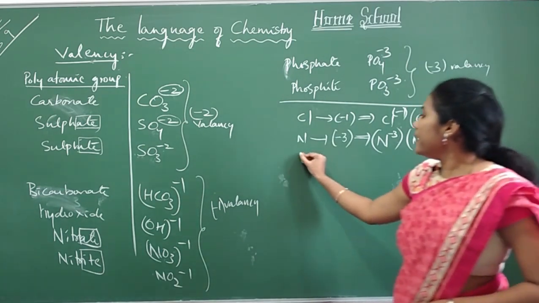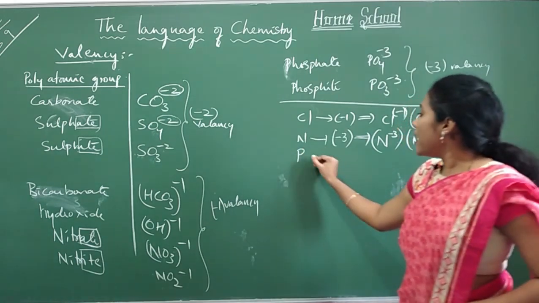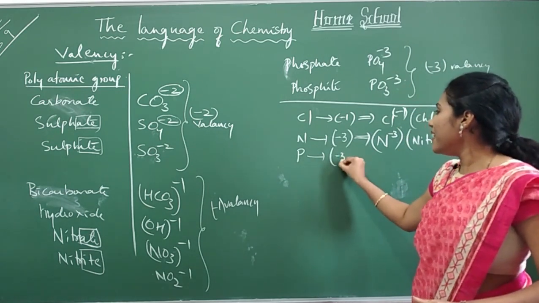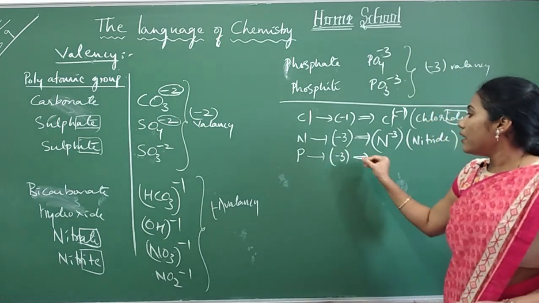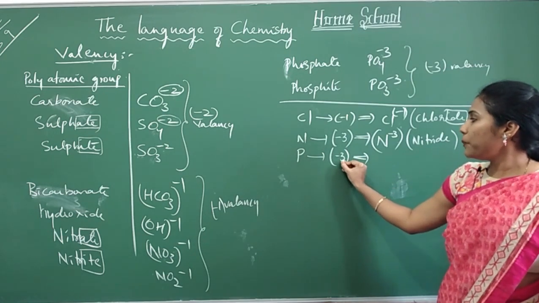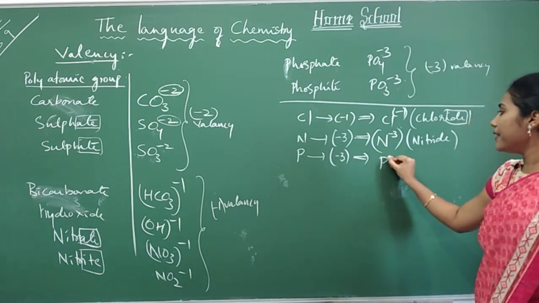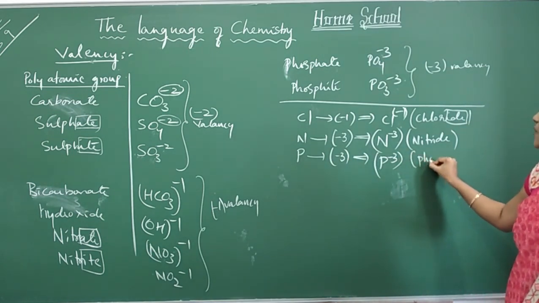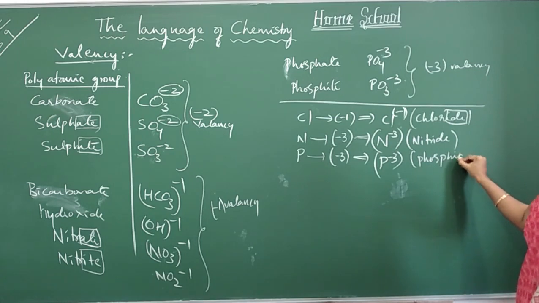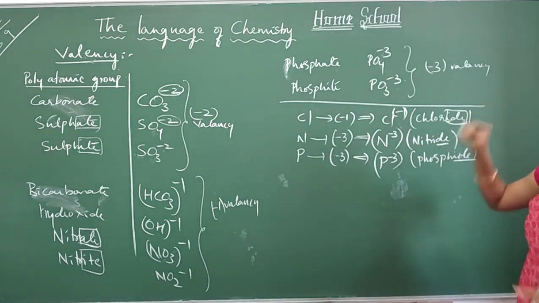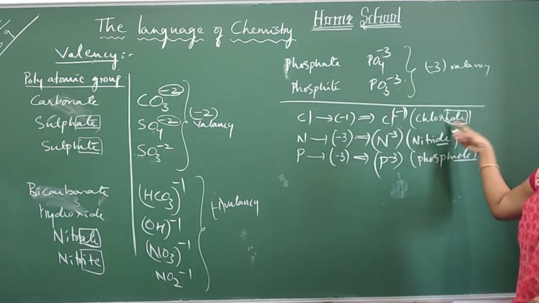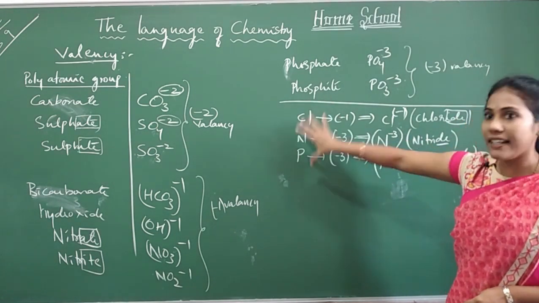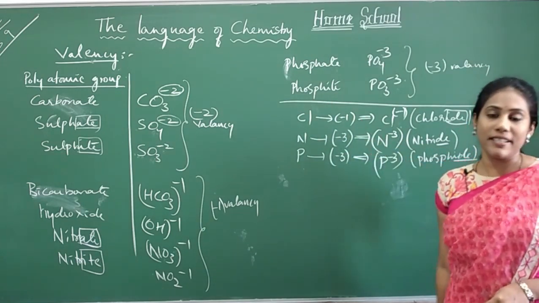Similarly, phosphorus belongs to the 15th group. Its valency is minus 3. If you write the valency with the symbol, it is P minus 3, and P minus 3 is called phosphide. So we have added IDE everywhere. You add IDE at the end only when the single atom has a negative valency.